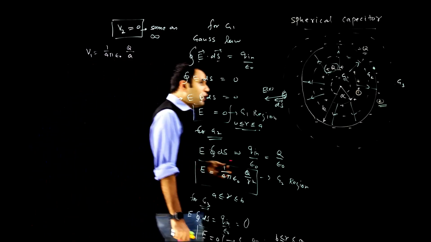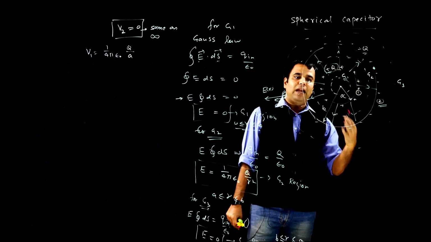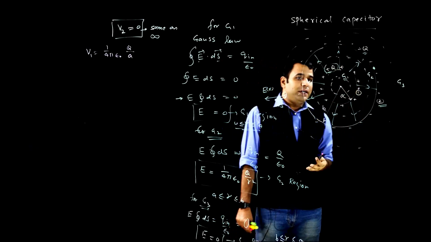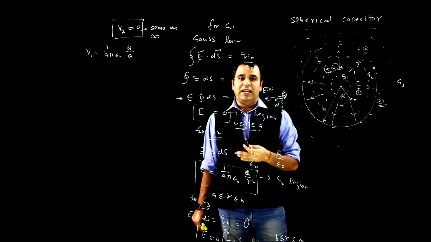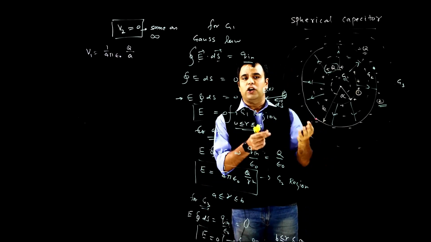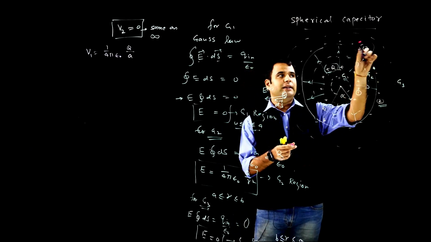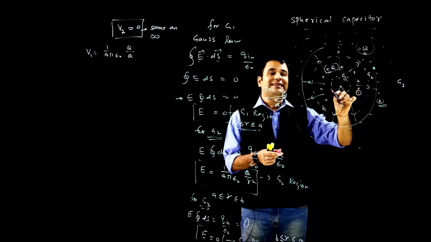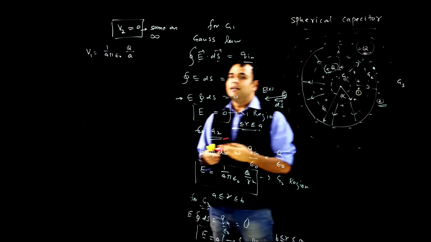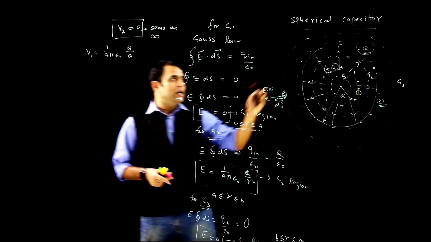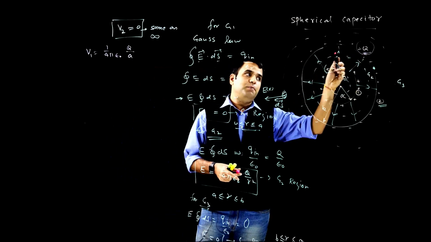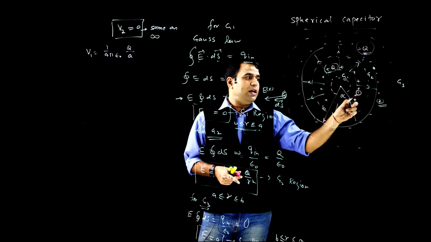If you remember, whenever we talk about a spherical shell, inside the shell the potential due to the shell remains constant. So for all inside points the potential due to this shell will remain the same. Whatever is the potential due to the outer shell at its surface, that will be the same as the potential at surface 1.